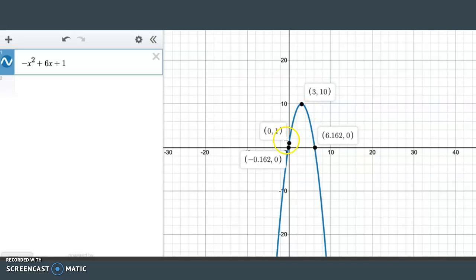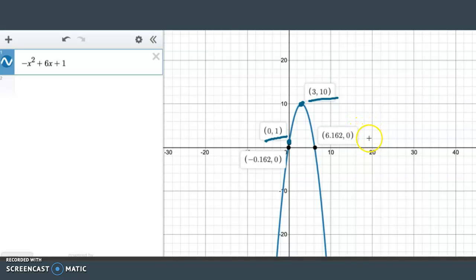But what else do we notice? We notice a couple of key points here. This point is (0, 1), and this point is (3, 10). Those are nice numbers that I can work with, and those are the points we are going to focus on today. So even if you run across a quadratic that's not factorable, we still have things we can learn about the parabola and the quadratic to help us figure out what the parabola looks like.